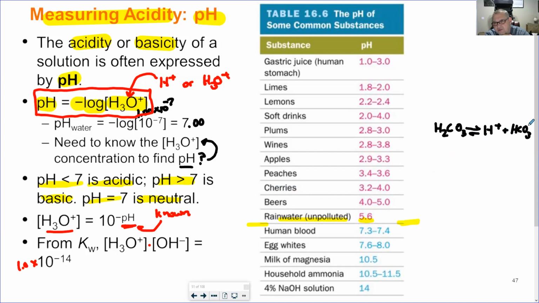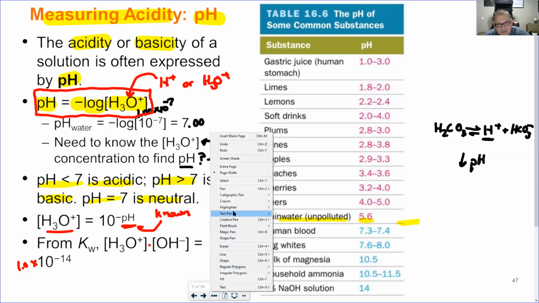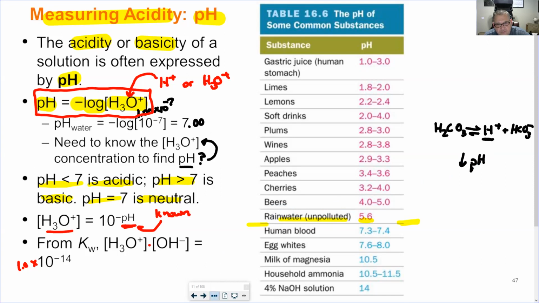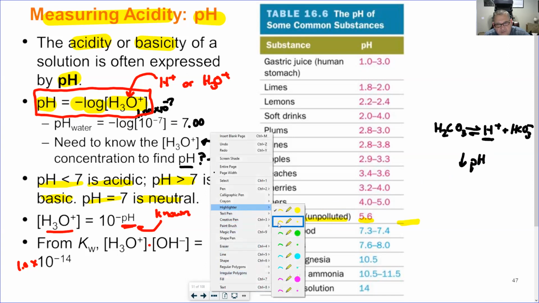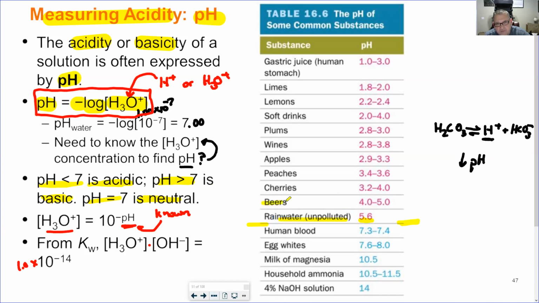And this presence of the proton causes the pH to drop because there's excess proton there. So even pure rainwater is not pH 7. It's significantly below that. So if we just work up the list a little bit, most of the beers that we drink are between pH 4 and 5.